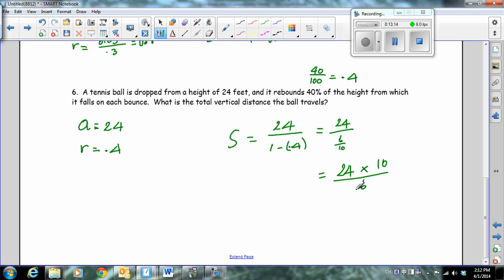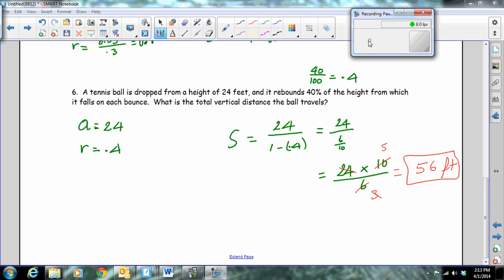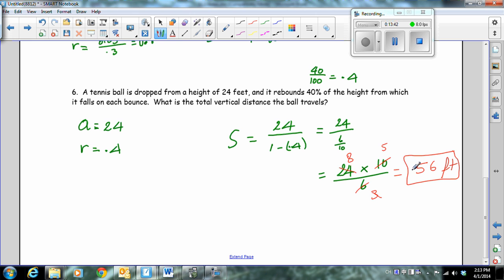And if you simplify, I'll go ahead and simplify this. I'll do it by 2 and by 2 to turn this into a 5 and this into a 3. And I can do 24 by 3 and by 3 to get the final answer of 56, I believe. That's 8. 5 times 8, not quite 56. This is 40. Now, sorry about that. So my answer is 40 for now.